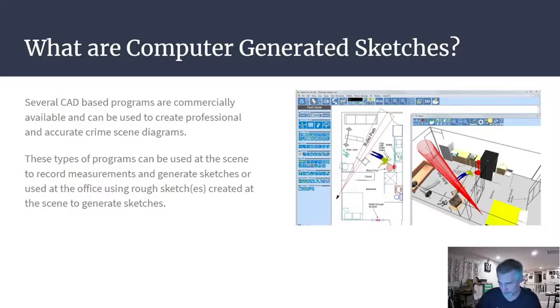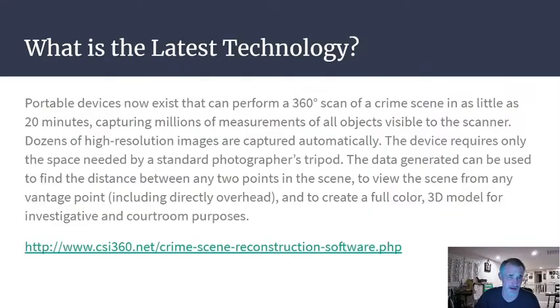Okay, but let's take it into the cutting edge stuff. The latest technology, and this would be really cool if we could ever get our hands on one, but they're super expensive. This is a portable device that now exists that can perform a 360 degree scan of the crime scene in as little as 20 minutes, capturing millions of measurements of all objects visible to the scanner.